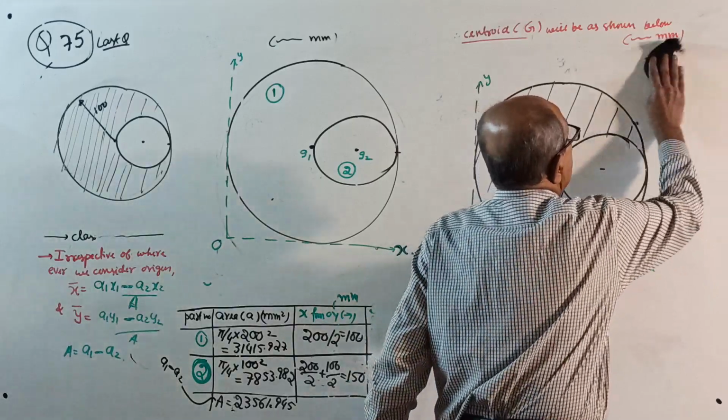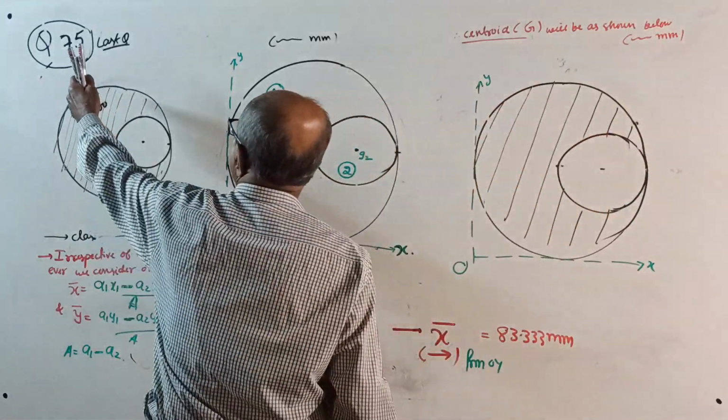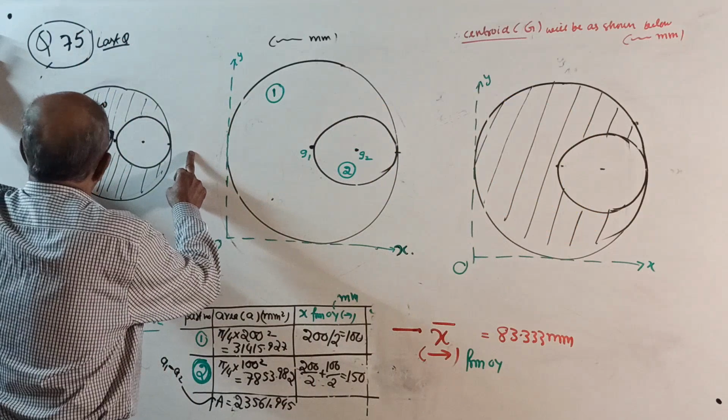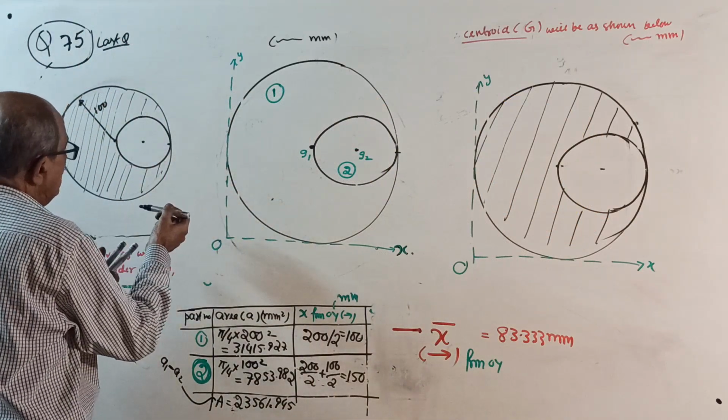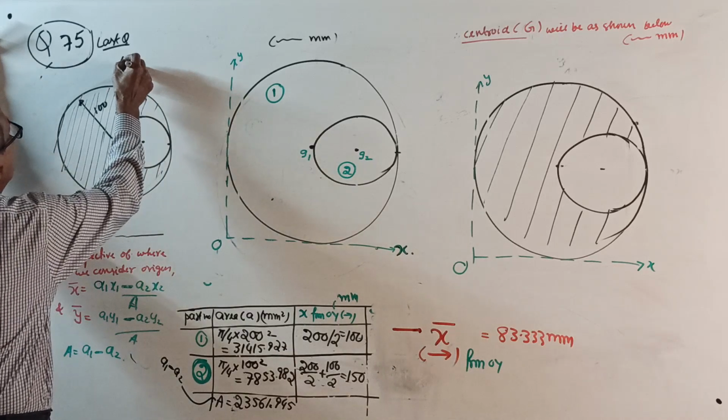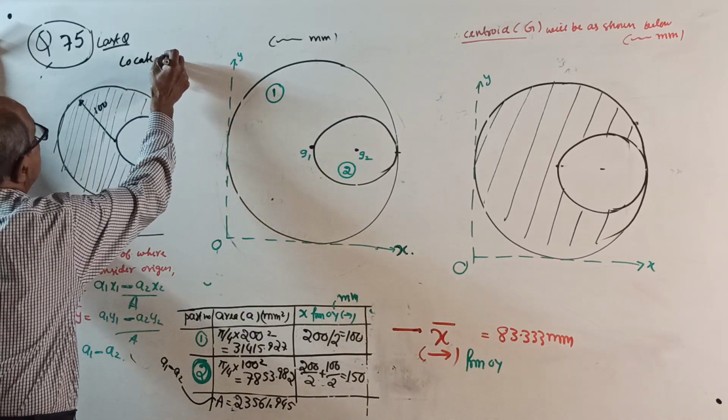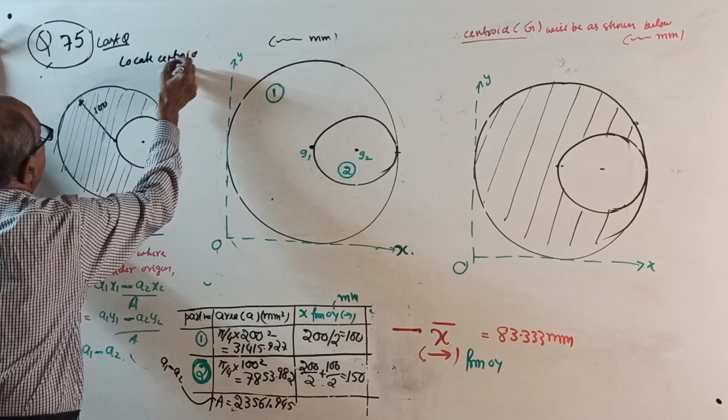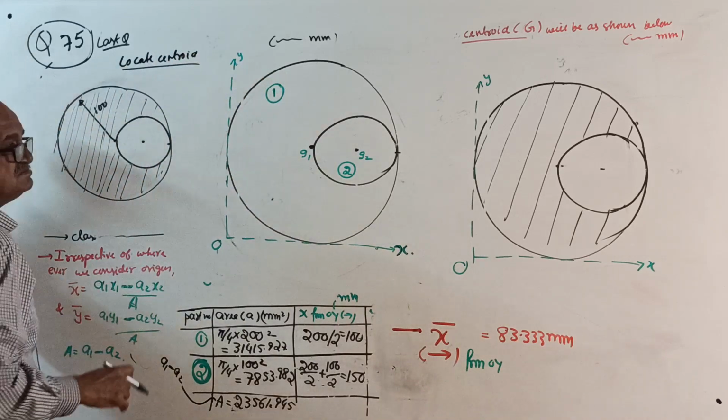Now, last part, question 75. See, question is, you can make out with the question, words not required. Locate CG, locate centroid for the given lamina.